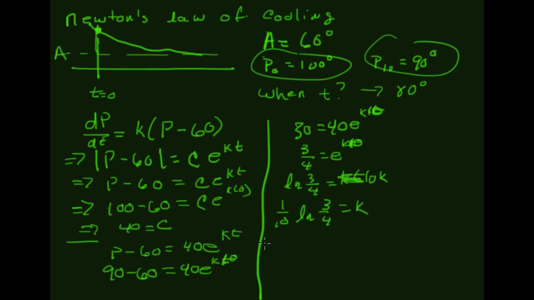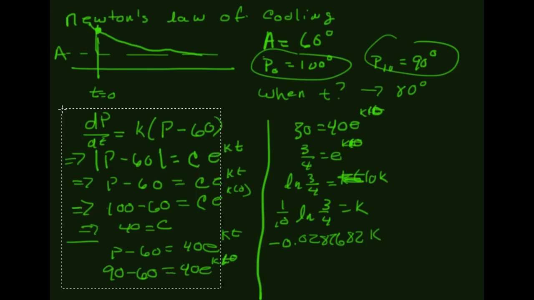Now, I don't want to carry that thing around. I'm going to make a decimal equivalent here. I'm going to get a whole bunch of decimal places. 0.0287682 is k. All right. So let's see what happens here. Let's clear out some space. We've done all this. We'll delete that.